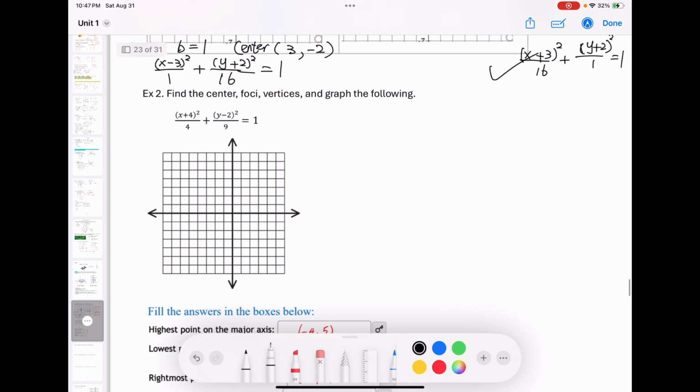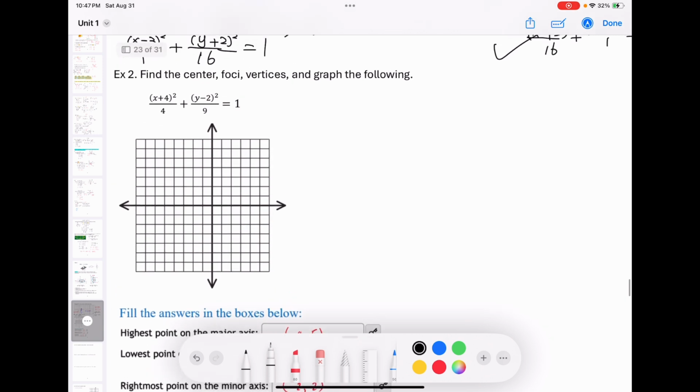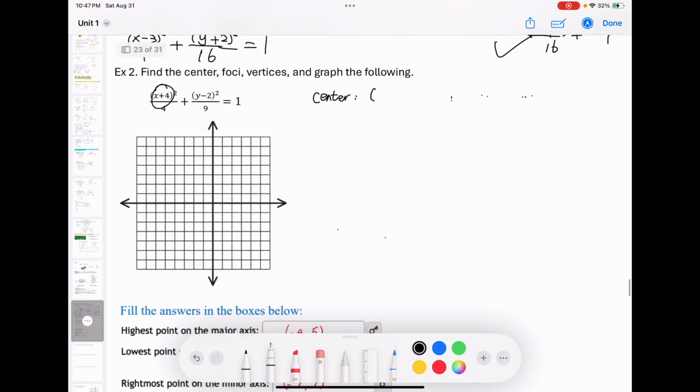Let's see the next example. Find the center, foci, vertices, and the graph of the following. First one, what is the center? The center comes from x minus h. Here we have x plus 4, so my center h is negative 4. And y minus k, so k is positive 2.